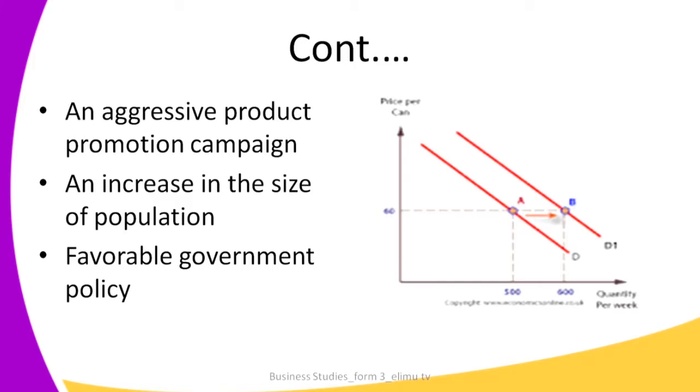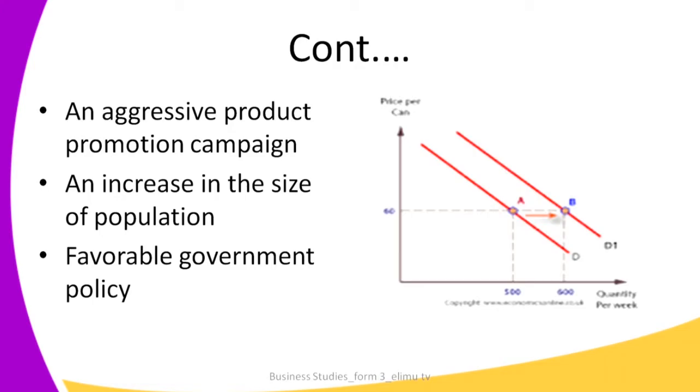And last but not least is favorable government policy. An example of a favorable government policy that would make the demand of a product increase would be a decrease in taxation. If the government decreases tax, that lowers the cost of production, and therefore the final price of the product will go down.